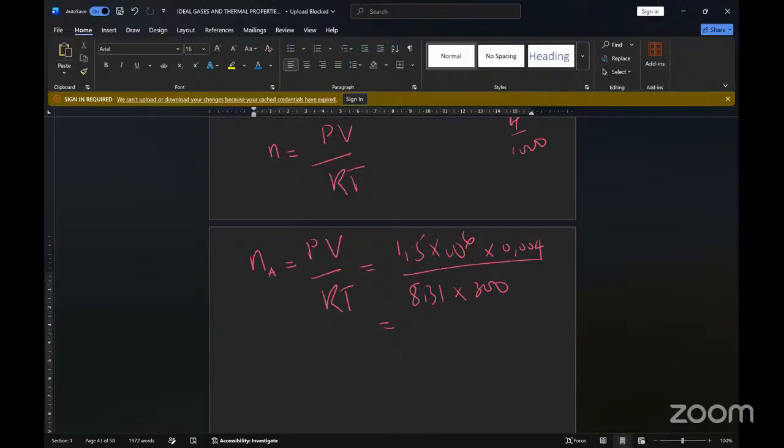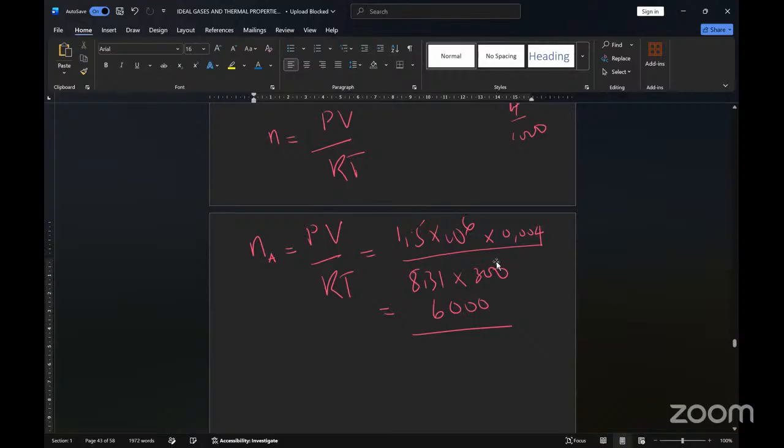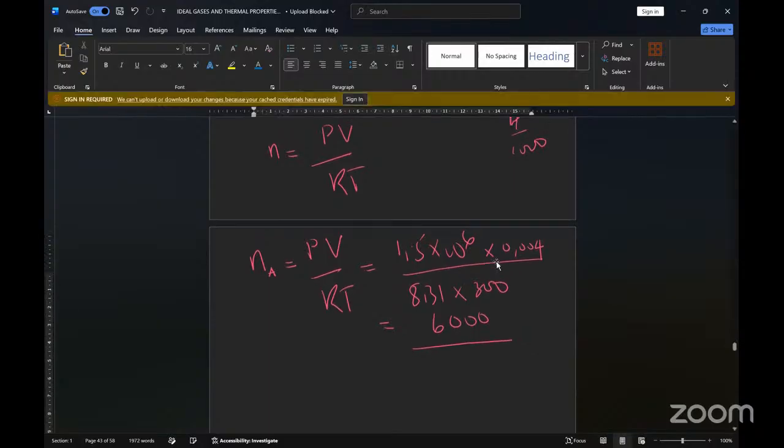So the numerator gives us 6,000 divided by 8,31 times 300, and this one gives us 2,493.